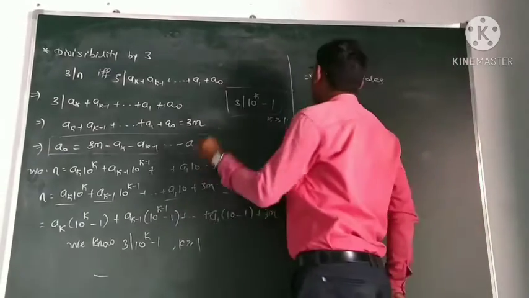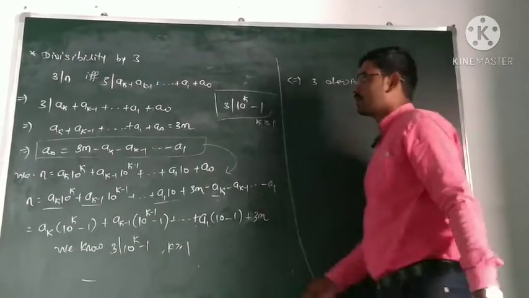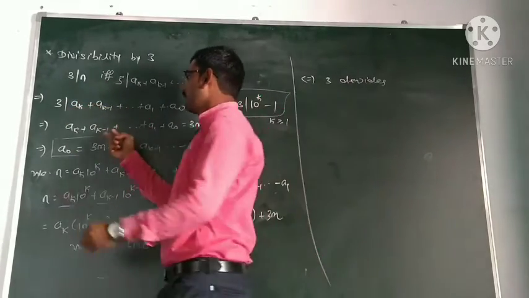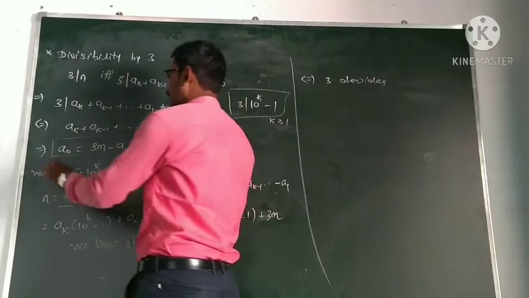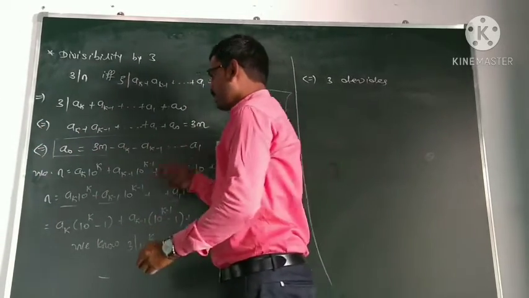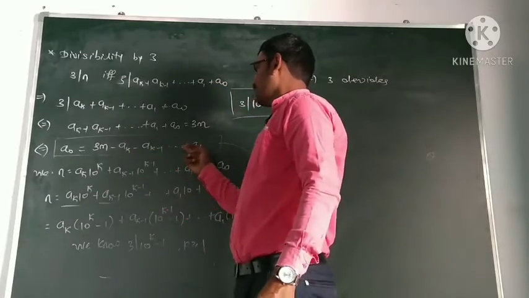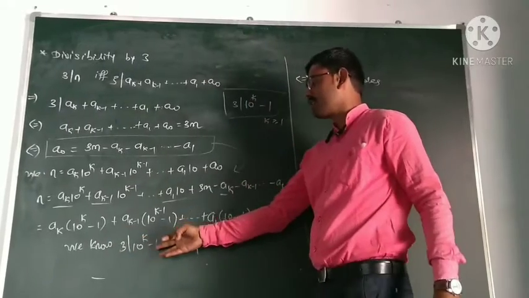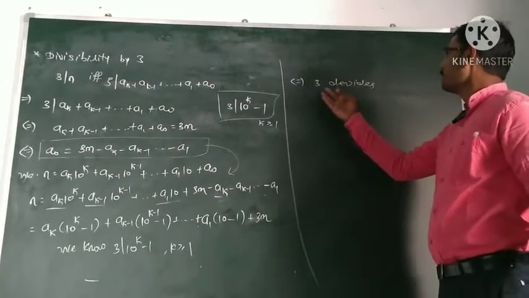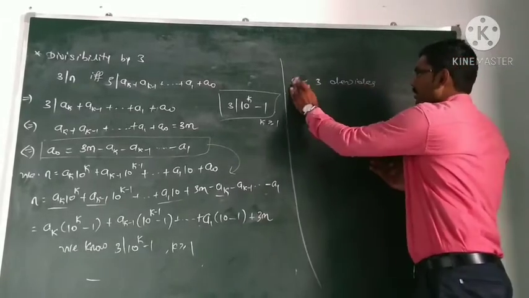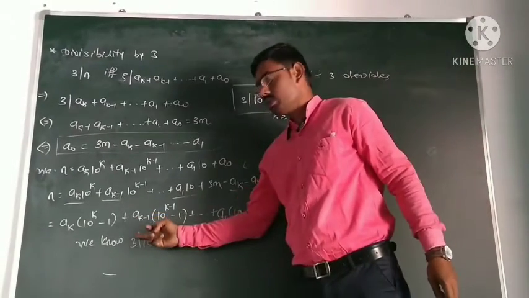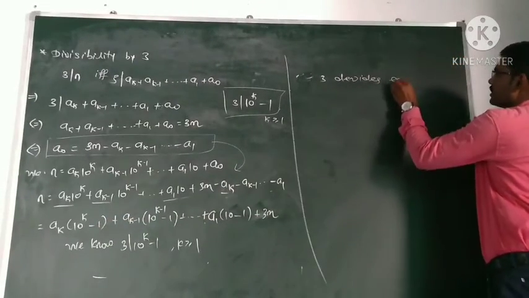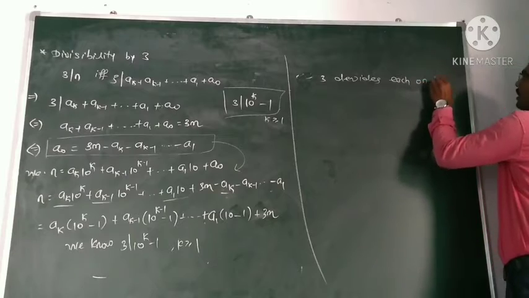So you can write here, 3 divides this if and only if this is a multiple of 3, if and only if the value of a0 is this. Okay. Now putting this value of a0, we get this. So we have 3 divides 10 raised to power k minus 1. Okay. That is, from this equation we see 3 divides each term on the RHS.